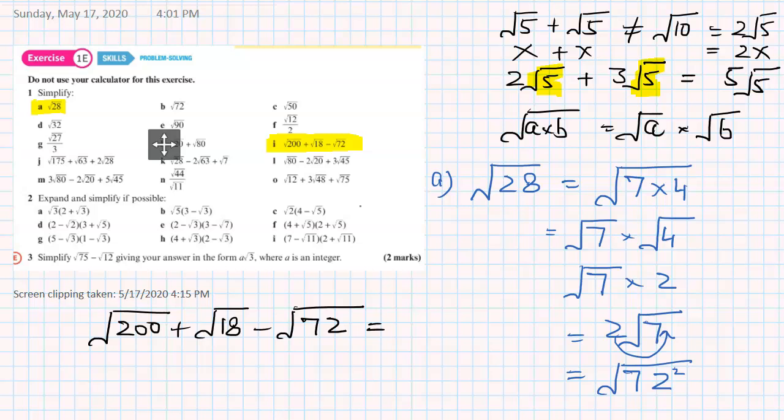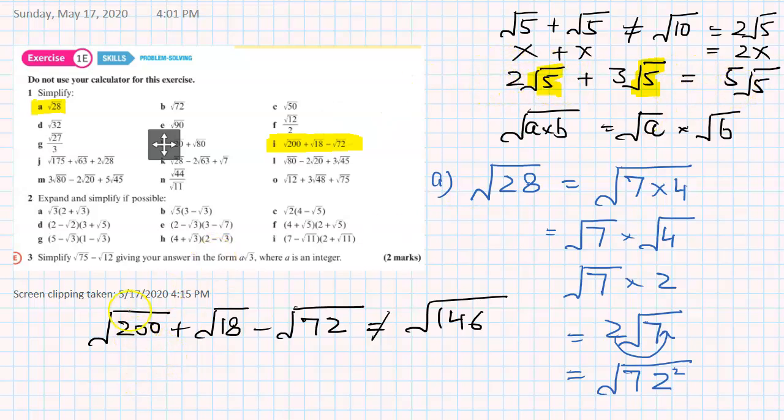Do not subtract 200 minus 72, or add 18, and write it like this as 146. That is wrong. What we have to do is form it in a way so that the number in the root is the same.